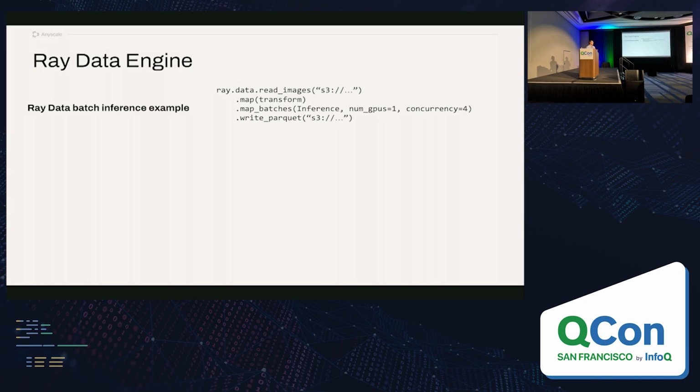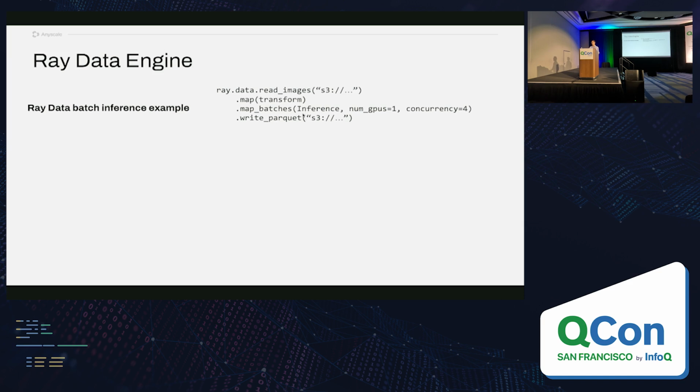So let me dive a bit into the Ray Data implementation. First is the Ray Data engine. In the example on the slides, we show a Ray Data batch inference example. We first read the image from S3 buckets and apply a custom transform function to process the data in any way you like. After that, we send the processed data to Inference.